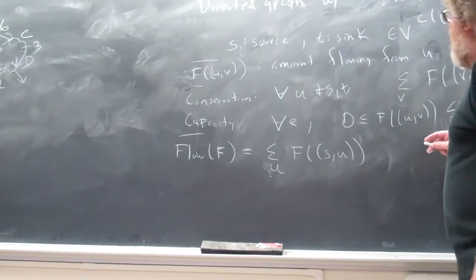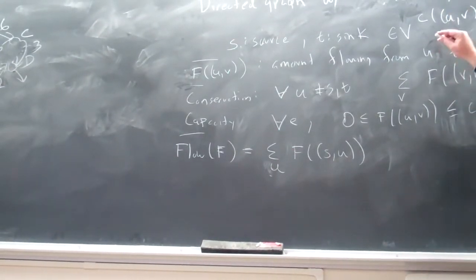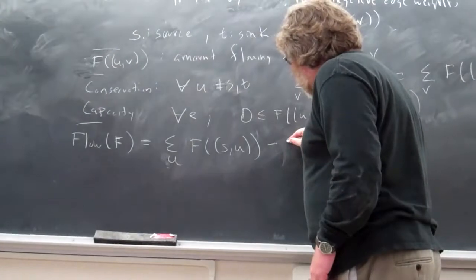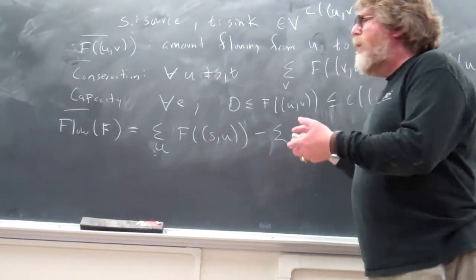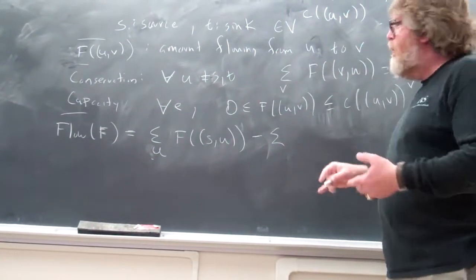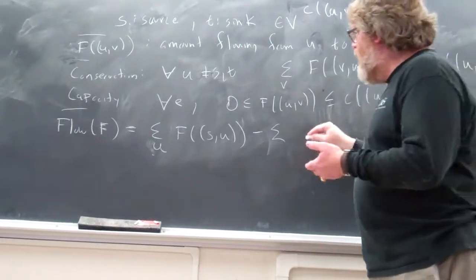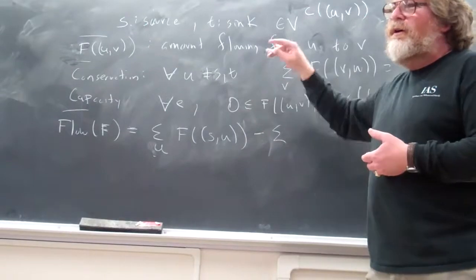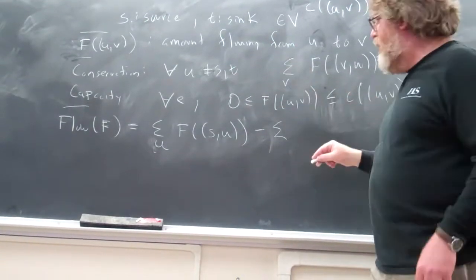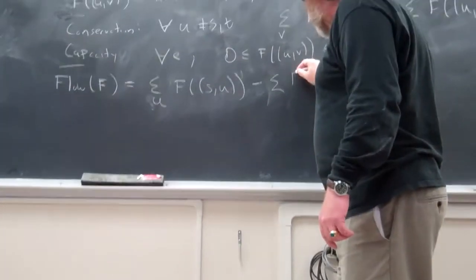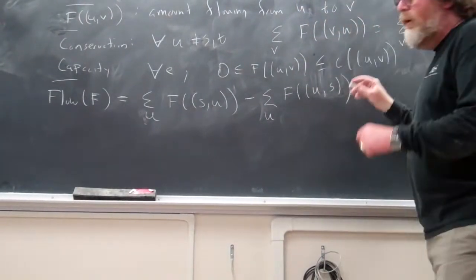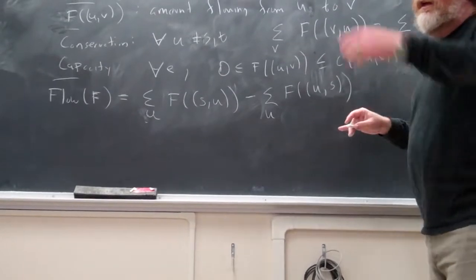And I should say, just to keep things simple, technically there really is no point in having things flow into S, but we haven't ruled it out. If we have circular flow around S, I'm going to subtract off the amount flowing into S, just so that we don't have to put a rule saying nothing flows into S. Yes?